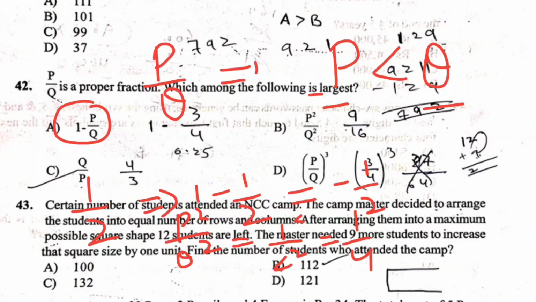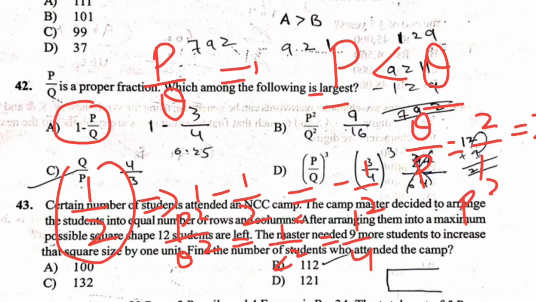C option is Q upon P. So Q upon P means the denominator becomes the numerator, as we have taken the number 1 upon 2, so it becomes 2 upon 1, which is equal to 2. And the last option is P upon Q whole cube, which is P cube upon Q cube, which is 1 cube divided by 2 cube, so it becomes 1 upon 8.